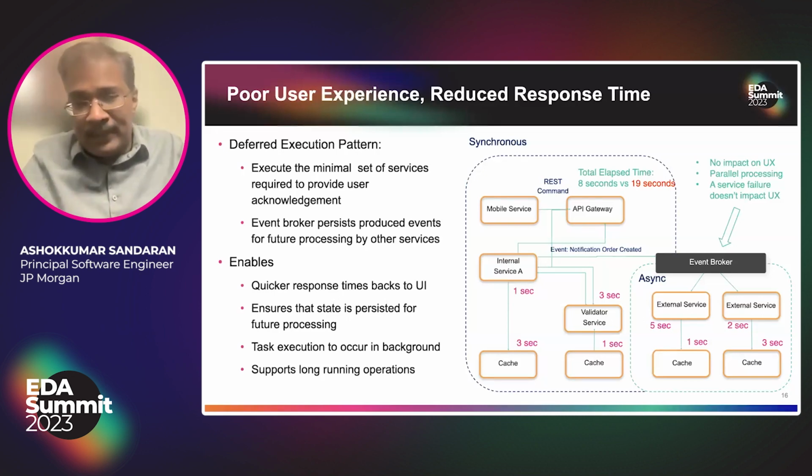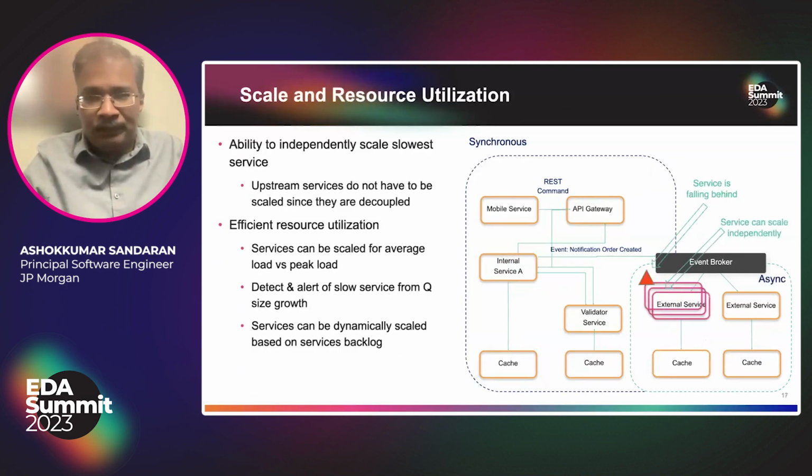Even if the external service takes more time because of the load, with the way this has been re-architected, once the data has been submitted to the event broker, the UI on the mobile service will say that the order has been submitted for approval. So any long-running operations, any task that runs in the background, can happen without impacting the user experience.